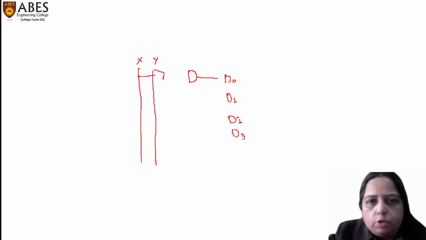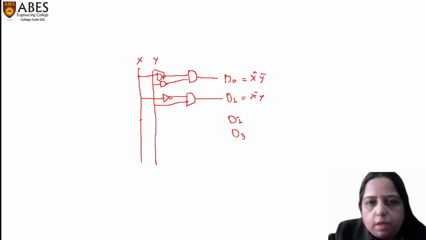So X will be connected to a NOT gate. Then Y will also be connected to a NOT gate. So we have the output D0 equal to X bar Y bar, D1 equal to X bar and Y. So this is again connected to an AND gate. And from here we will get the output as D1, which is equal to X bar Y.